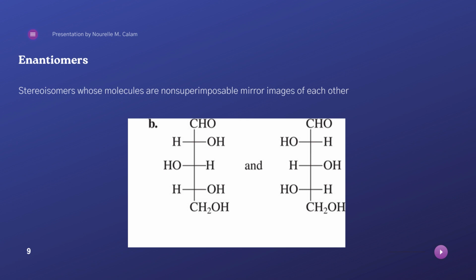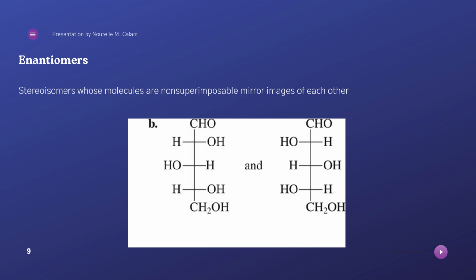What am I talking about? Take a look at carbon number 2 among the two molecules. Makita ninyo that in the first molecule, at carbon number 2 or at the first chiral center, H is at the left side. OH is on the right side. In the second molecule, OH is on the left side, H is on the right side. Therefore, they mirror one another.